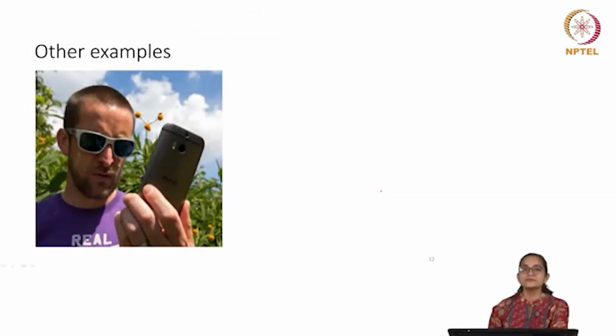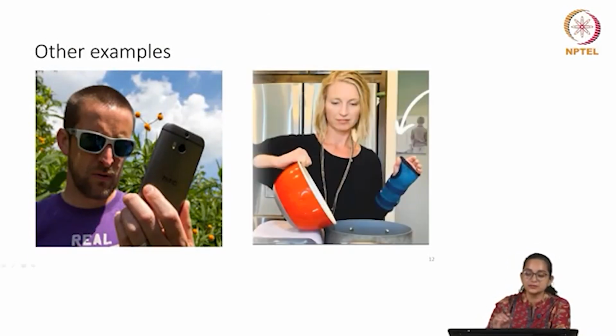Other examples, I think we have had a discussion about it, are cases or situations where people are not able to use their abilities to the fullest because of situational hindrances.